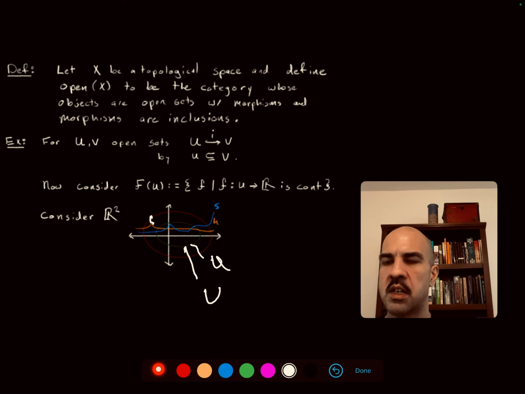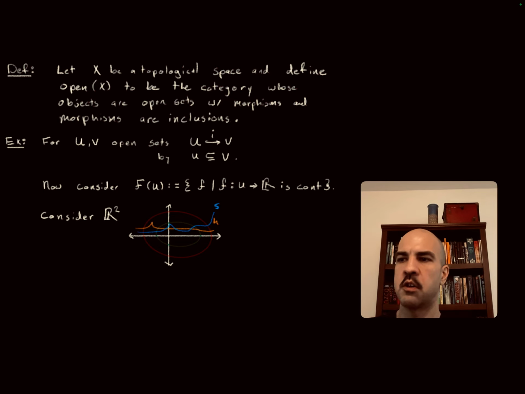So what we can see is that there are actually more continuous functions as we shrink the size of the open set.